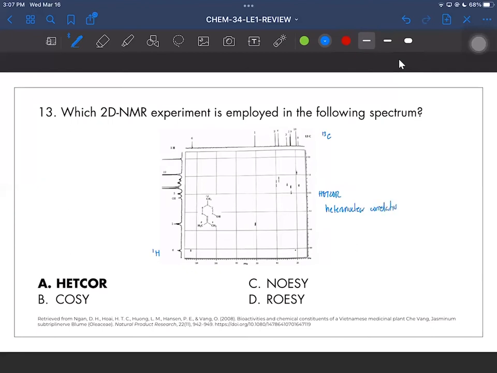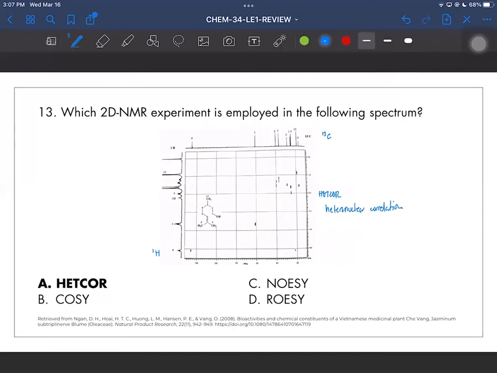HETCOR assigns which protons are bonded to which carbon. So it gives us powerful information on the linkages that the compound has: which proton, in this case, is connected to this carbon here. So it gives us very important information on that.